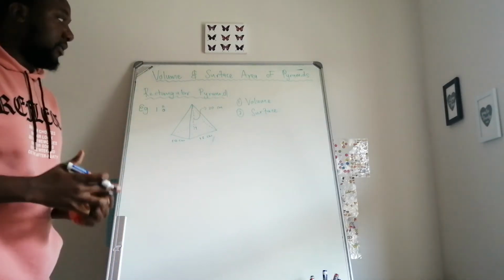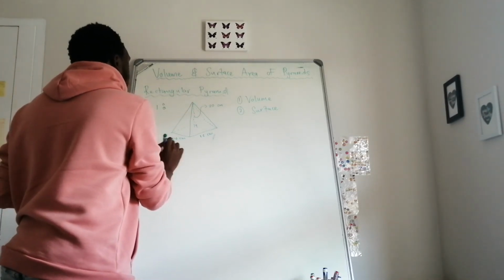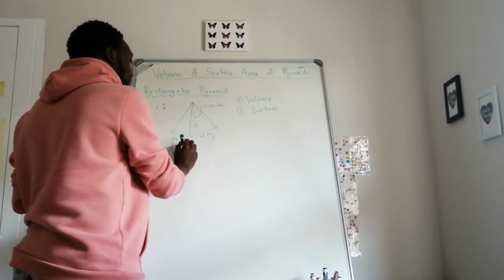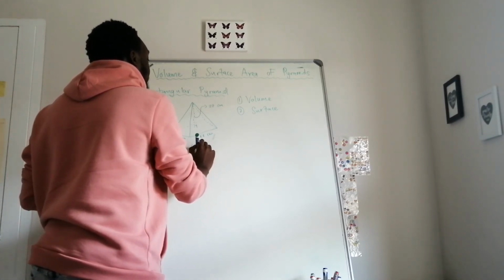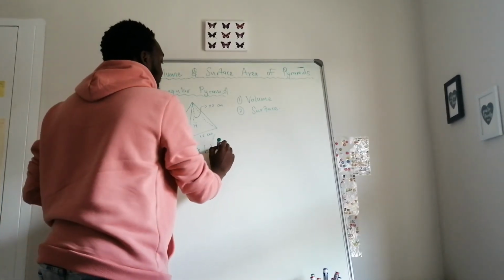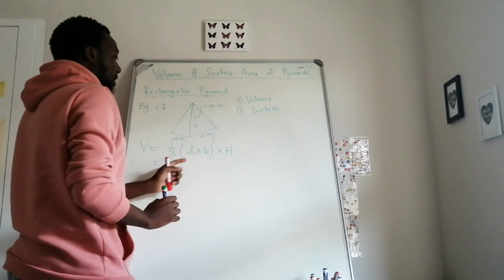So how do we find volume? Volume is equal to a third area of the base, which is length multiplied by breadth, multiplied by height. What is my length there?